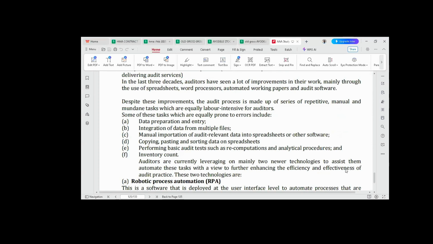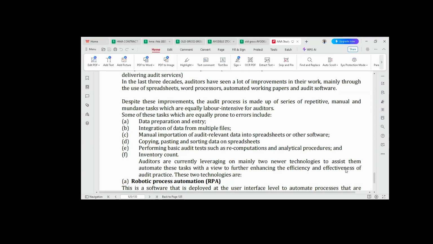Okay. So the next thing I want to talk about is robotic process automation. I've talked about it today, just in passing. Now, there are some tasks for the auditor that are repetitive.